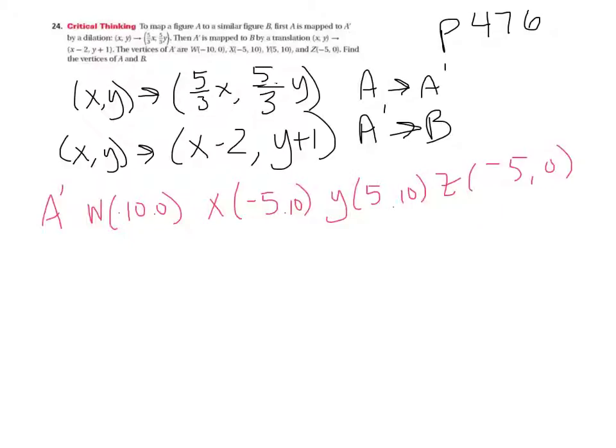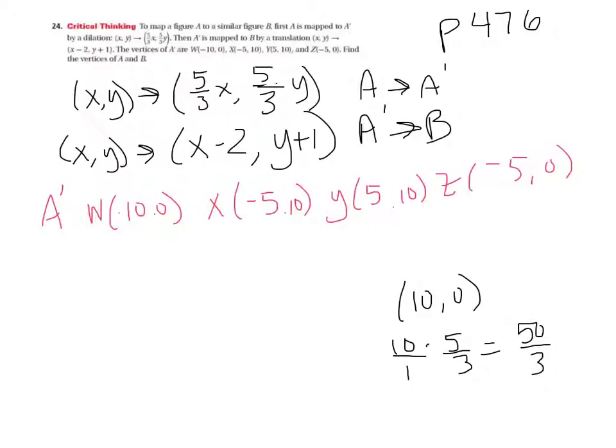So just hypothetically speaking, let's say we were given A, the ordered pair 10, 0. If I were trying to dilate this by a factor of 5/3, I would take 10 and multiply by my scale factor, which would give me 50/3.